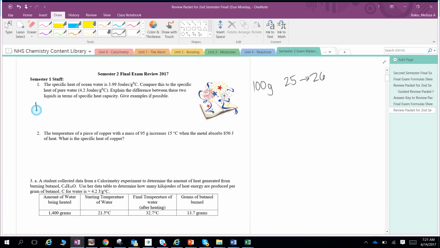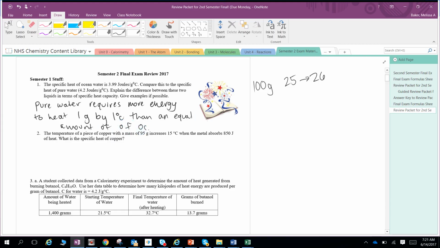So we can say this in a couple different ways. Pure water requires more energy to heat 1 gram by 1 degree Celsius than an equal amount of ocean water.